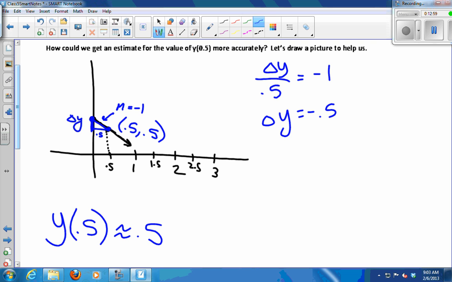Does that make sense? Okay. So my real curve might look something like this, right? And I'm using this tangent line approximation to come up with a point that approximates the real point on the solution.